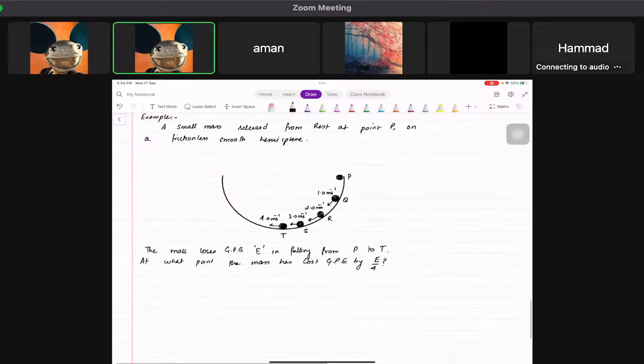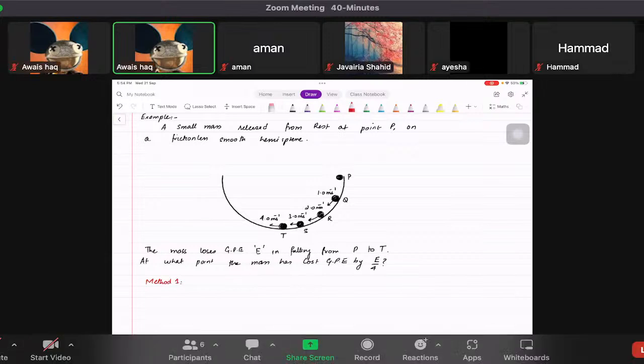So basically, there are two methods of doing this. So I'm gonna teach you both of these. Let's see what you can do about it.